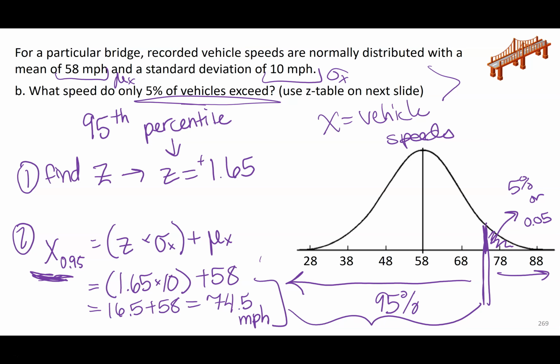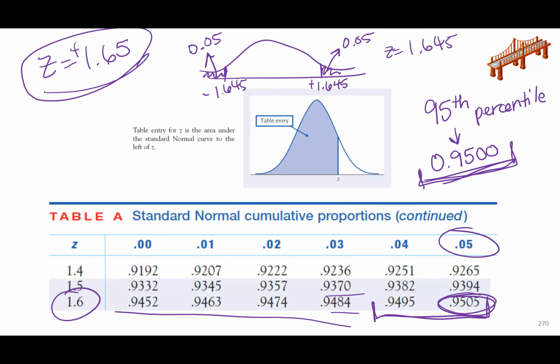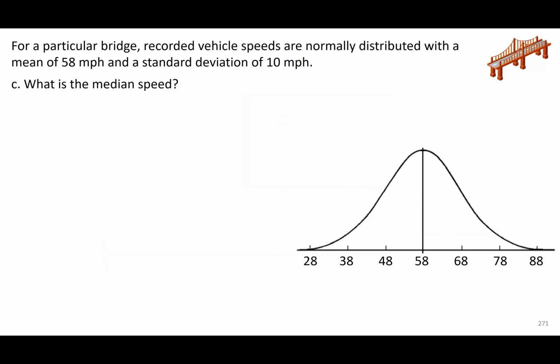I believe that's going to be it for our, nope, there's one more. Here we have a particular bridge, same information, and we want to know the median speed. Median is the 50th percentile.